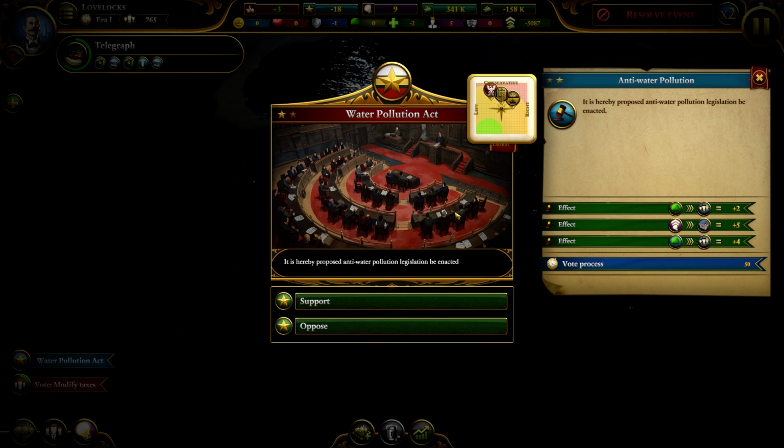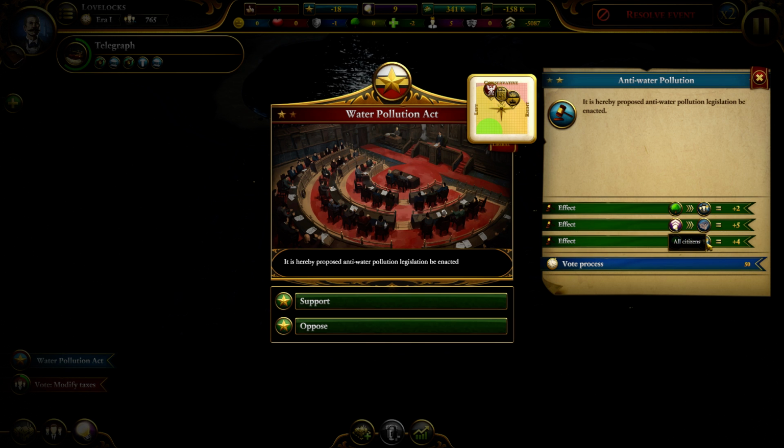Oh, cool. So the other people can start proposing edicts as well. Anti-water pollution legislation be enacted. We're going to have demand change for physical environment, all citizens +2. Brain power production added to building, railway, so we're going to get more brain power to railway stations. Interesting.